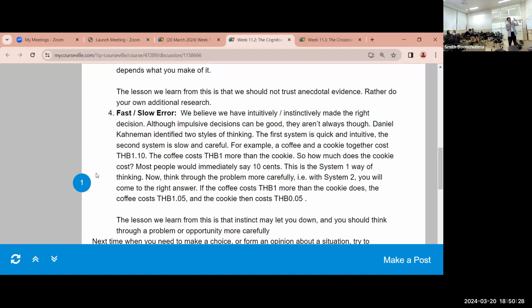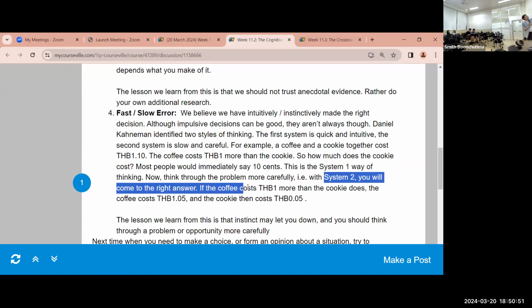Because when I say that two things cost 110, so if the coffee costs 1 baht, the cookie should cost 10 cents. Because this is from reaction. But if you use System Two, which is careful thinking, you will come to the right answer.